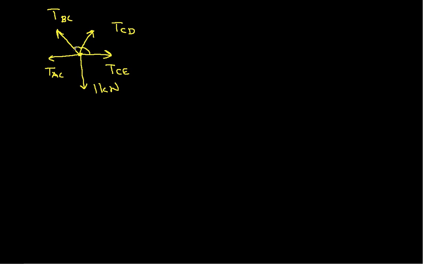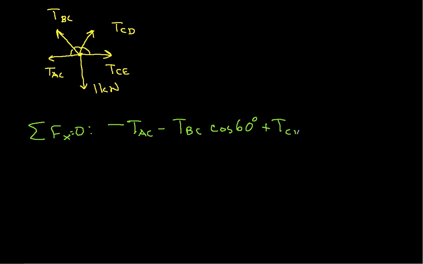And all of these angles here are 60 degrees. Okay, so by now you're probably beginning to see what the pattern is. We apply sum of forces in the x direction is 0, and this will give us minus TAC minus TBC cosine of 60 degrees plus TCD cosine of 60 degrees plus TCE is equal to 0.